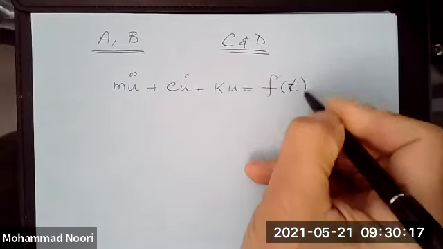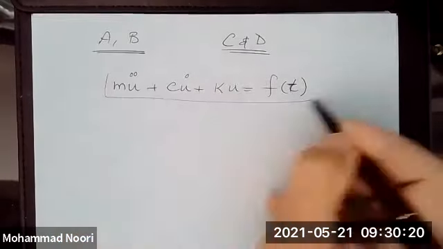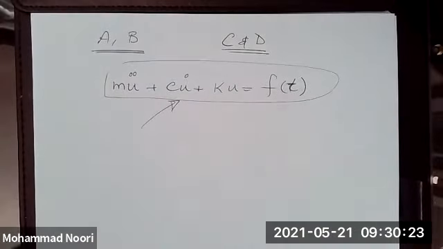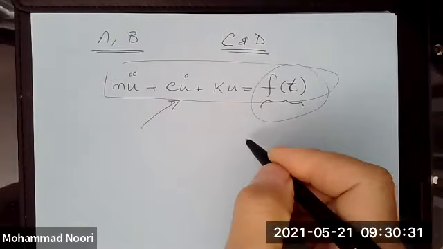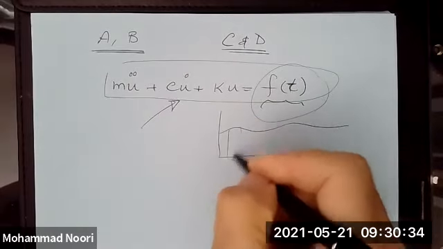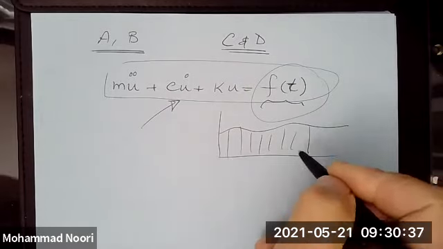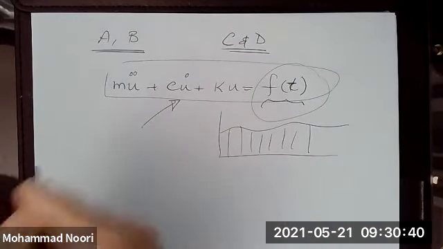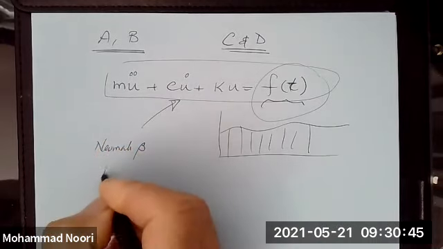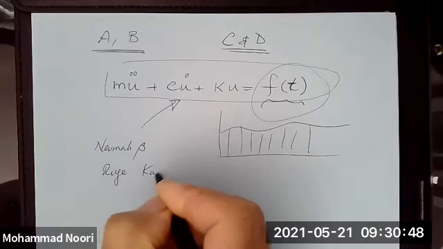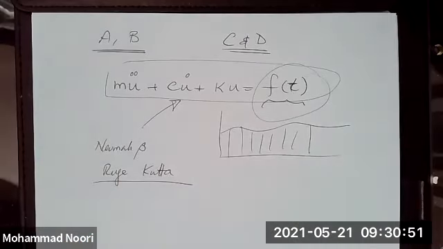If you have something like this, you can numerically integrate this differential equation by dividing the forcing function in the time domain into small increments of time, and use a variety of integration schemes like Newmark beta or Runge-Kutta, two Indian mathematicians who introduced a very powerful approach for numerical integration, widely used.